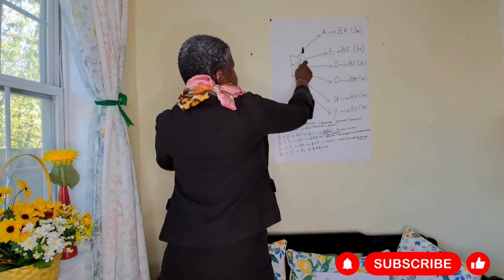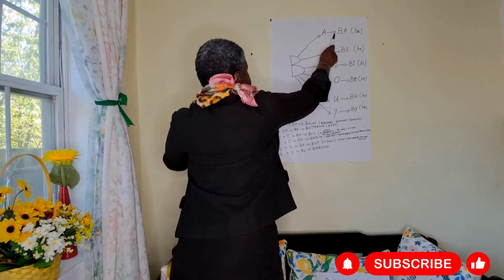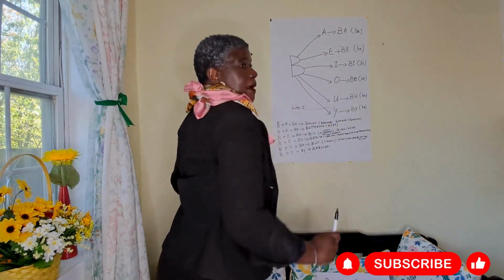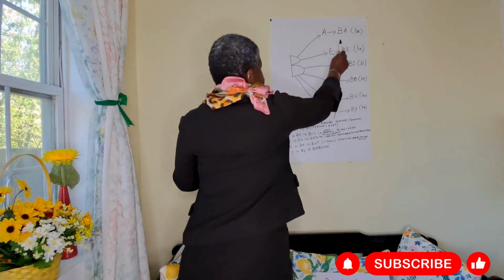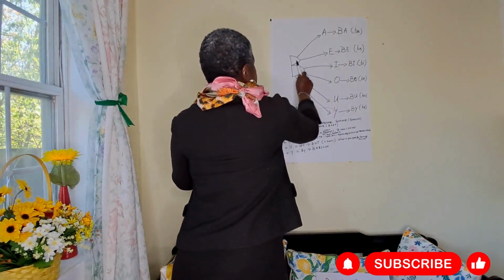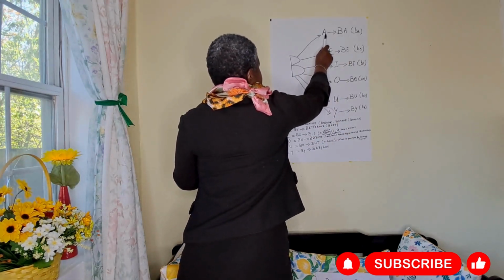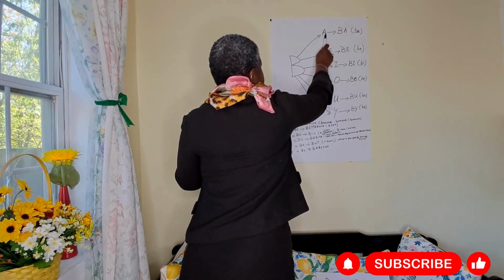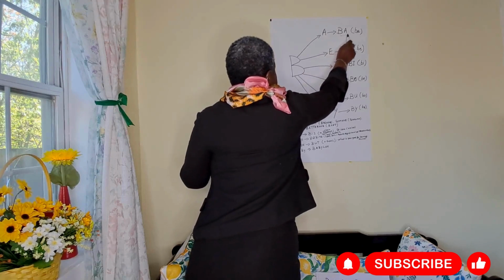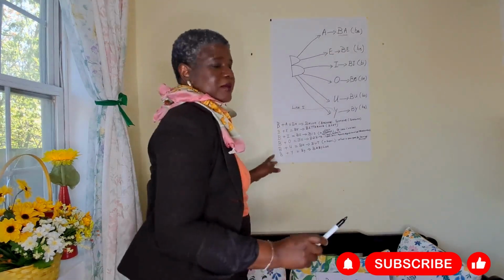B plus A makes the sound ba. B plus A in French makes the sound ba.